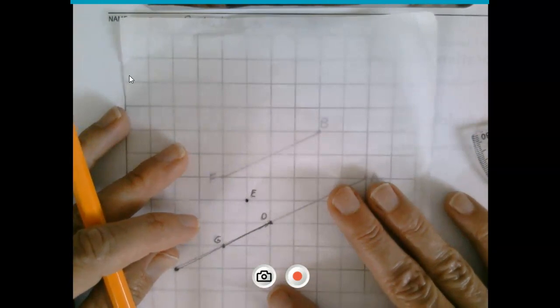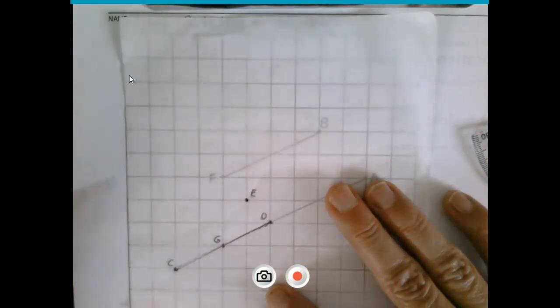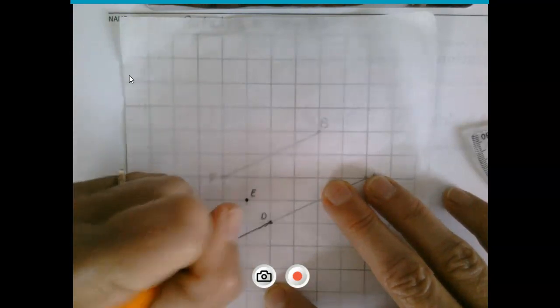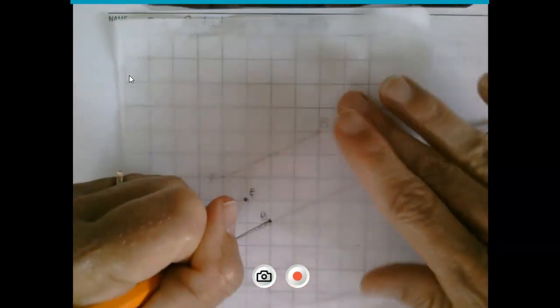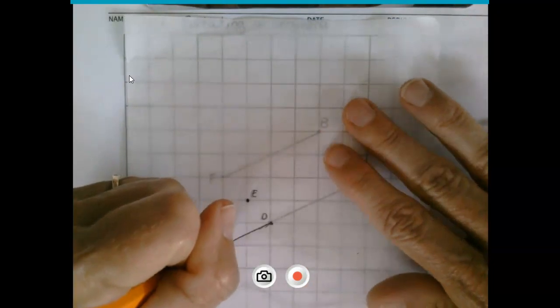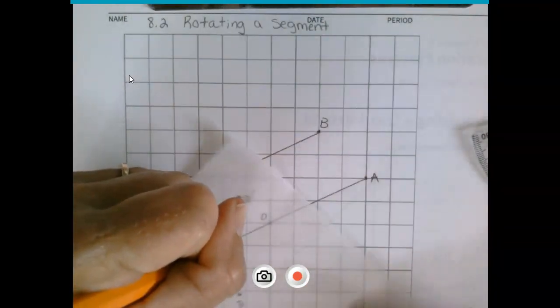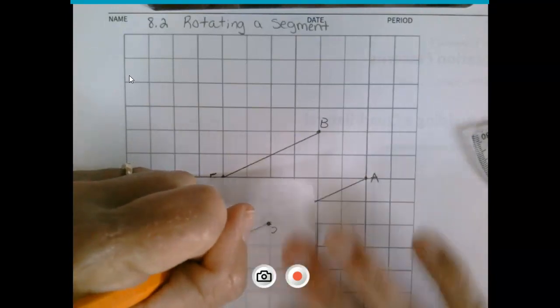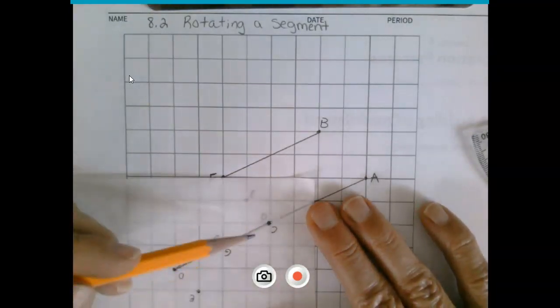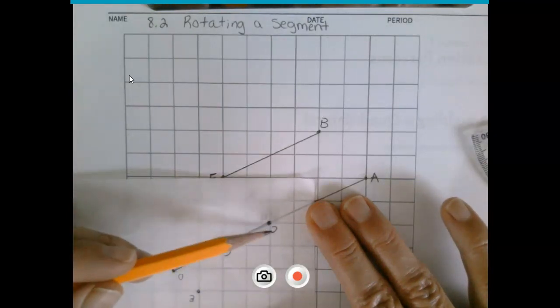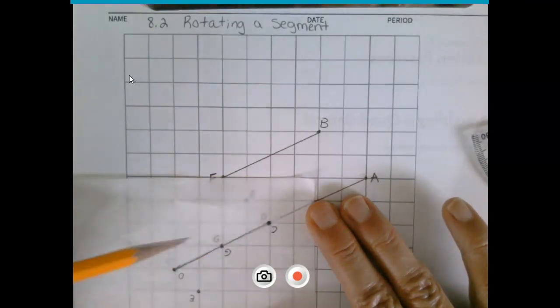So I'm going to put my pencil on G because it tells me that's going to be my center of rotation. And I'm going to hold it there, and I'm going to go 180 degrees clockwise, then I'm going to do it counterclockwise. So that would be 90, 180. Oh, did you see what happened? It's on the same place.